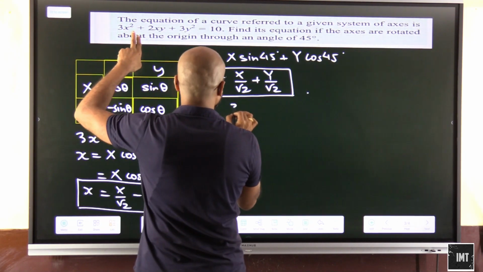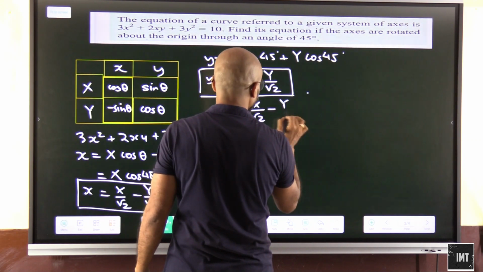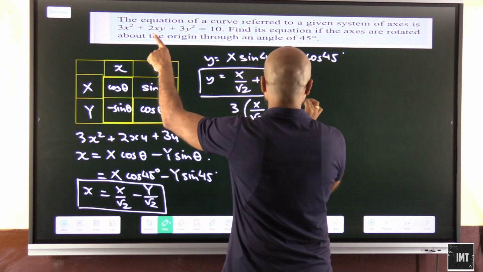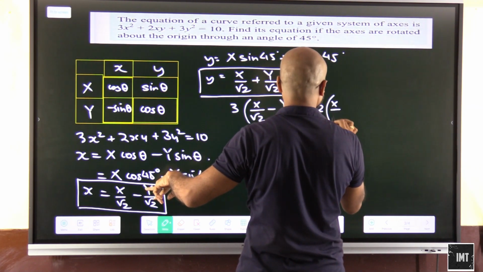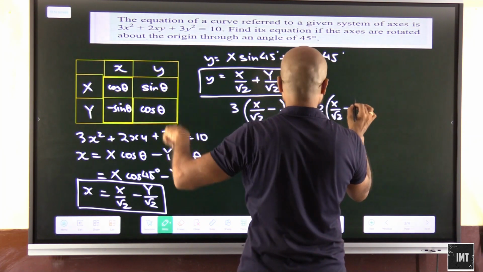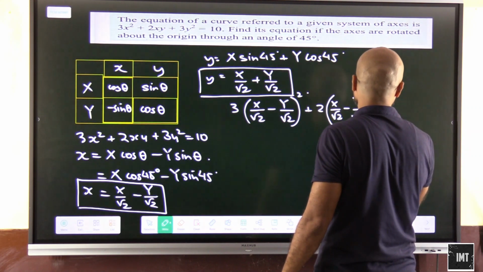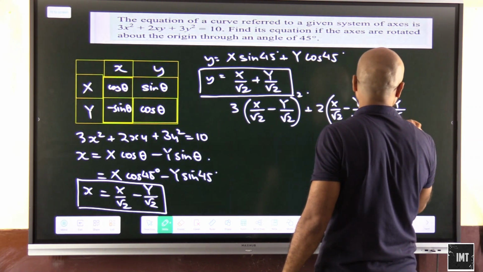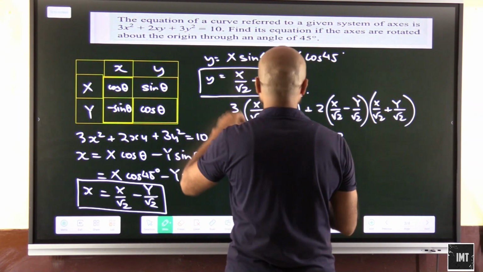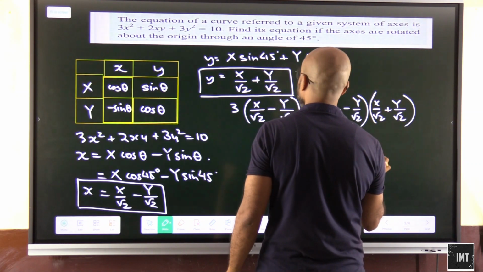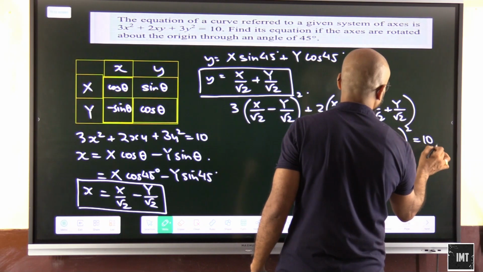So in place of 3x square we can write 3 times x by under root 2 minus y by under root 2, this square, plus 2 times x by under root 2 minus y by under root 2 into x by under root 2 plus y by under root 2, plus 3y square, that will be x by under root 2 plus y by under root 2, this square, taken as equal to 10.